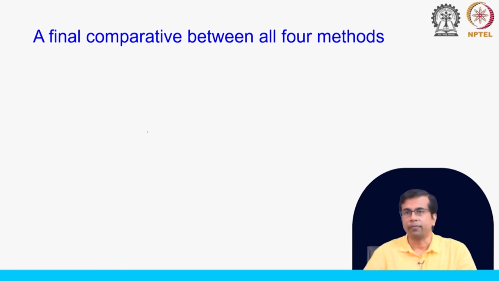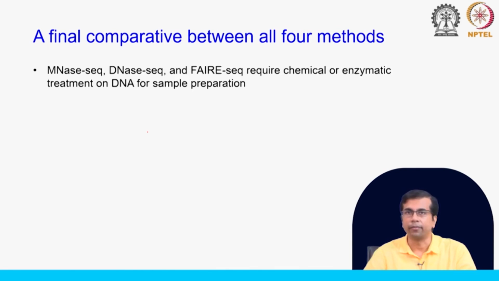So, we want to compare these 4 methods, and this is what I am going to do here. What we have seen is that MNase-seq, DNase-seq and FAIRE-seq require chemical or enzymatic treatment on DNA for sample preparation. This is something we have talked about. So, MNase-seq utilizes this MNase enzyme.